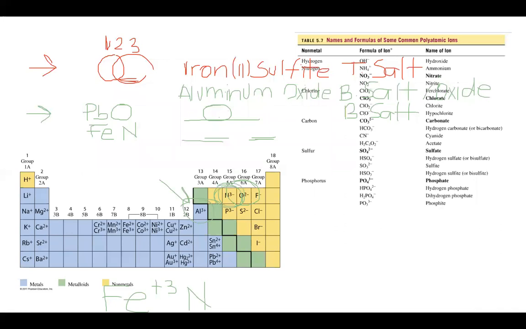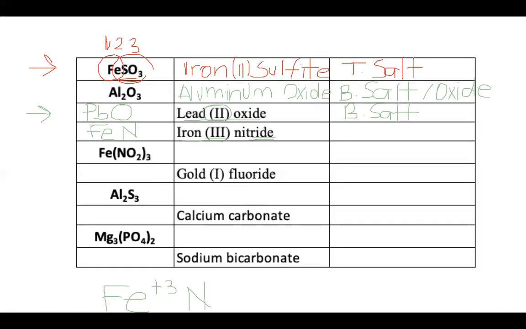So I will write the charge of -3 here. So once again, the sum of my charges is 0. So I leave it as FeN. Okay, since we have 2 elements only, this is a binary salt. Okay, let's look at our next example.